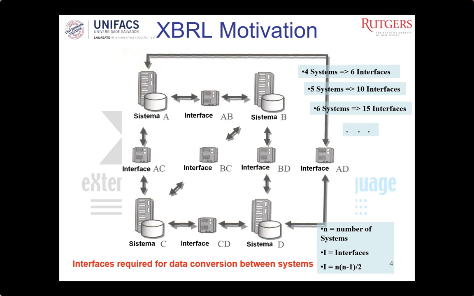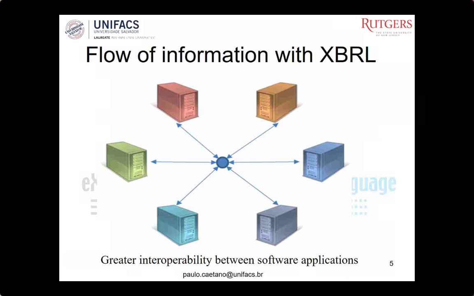One of the goals of XBRL is to use the same format in all the systems. It improves the interoperability between software applications, if I have the same data environment.